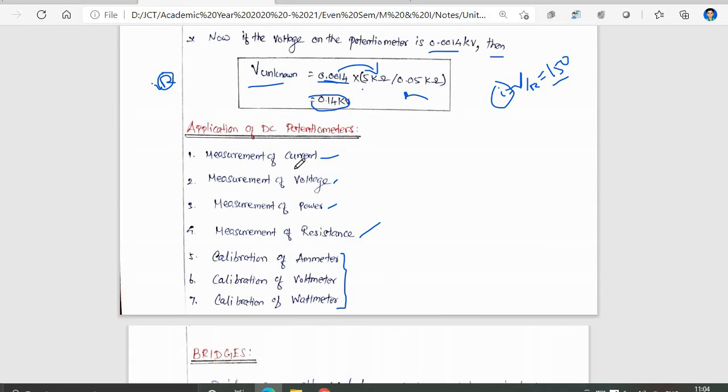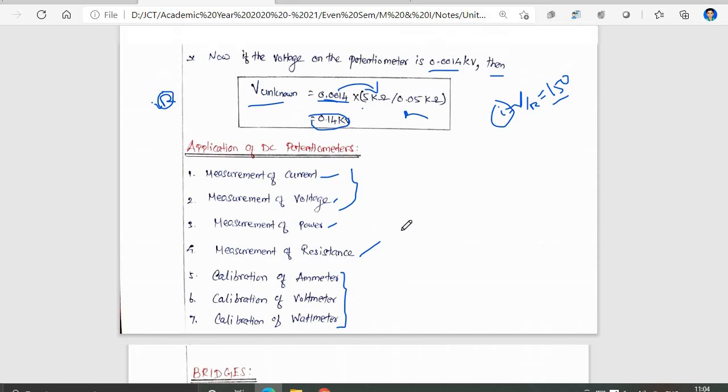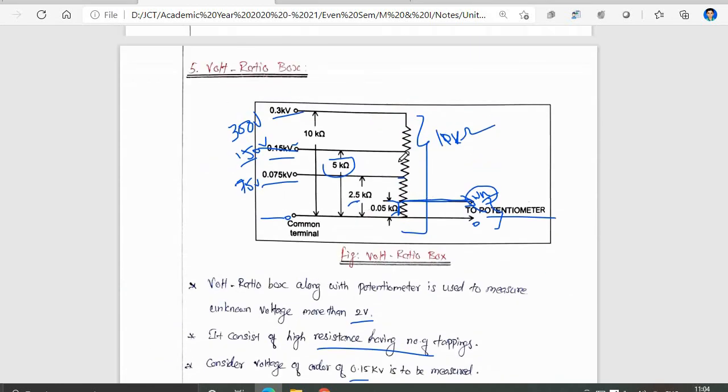Measurement of current, maybe unknown current, unknown voltage, and power. Power is nothing but the input voltage and current multiplied. Then measurement of resistance: the potentiometer is also used to measure an unknown resistance. We can take the output voltage here, and because we don't know the resistance value, V equals I into R. Here the input voltage is available, the resistance value is unknown, and current I can be found.